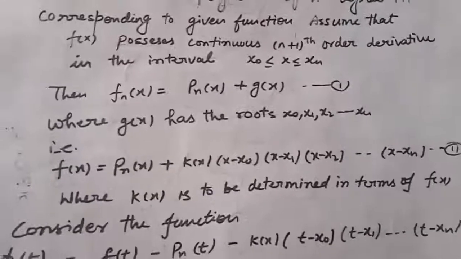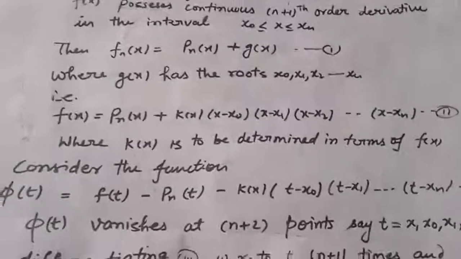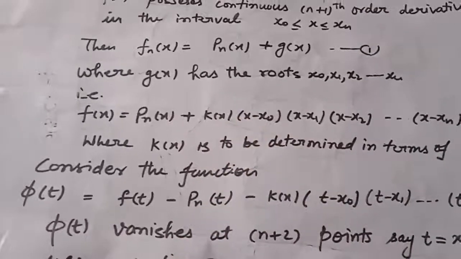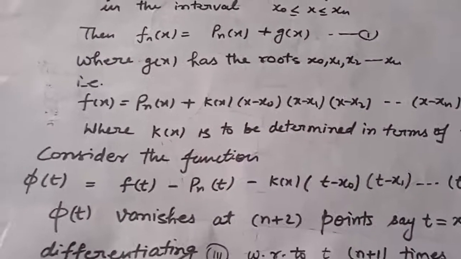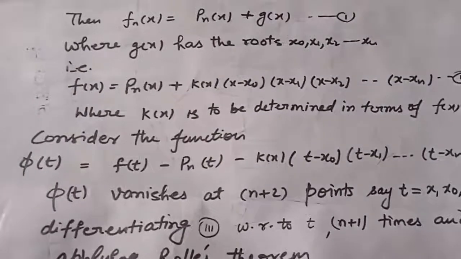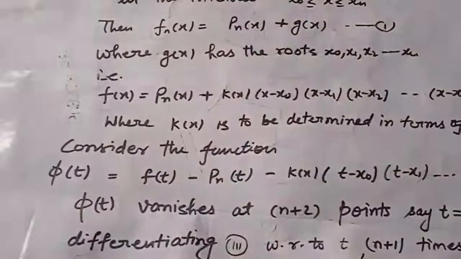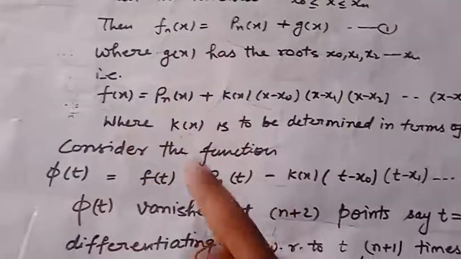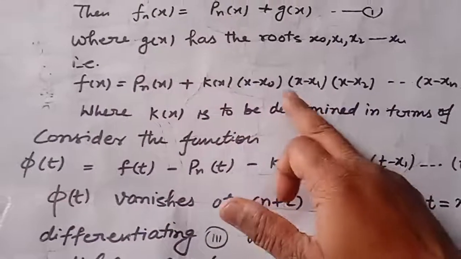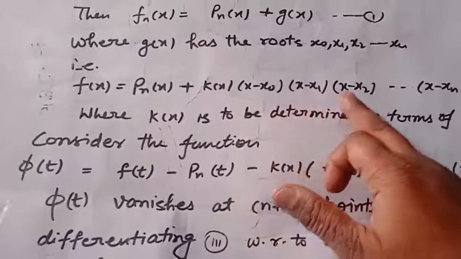Okay, now k(x) is to be determined in terms of f(x). To find out the error, we use a function phi(t). Phi(t) can be written as f(t) minus Pn(t), and in the remaining terms replace every x by t and leave the roots x0, x1, x2 and xn unchanged.